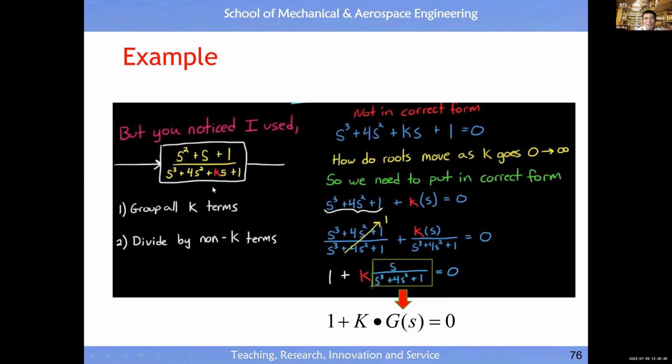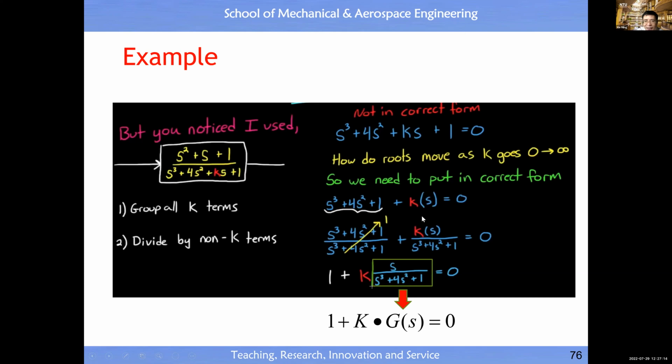So here I'm just showing you an example. Let's say we have this transfer function of a feedback control loop, and the k parameter is here. Now we want to know, when k varies from 0 to infinity, what the curve looks like. So we just focus on the denominator. Then we do a little rearrangement because we want to make k stand out.